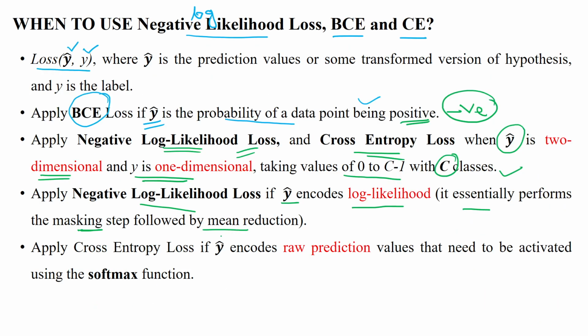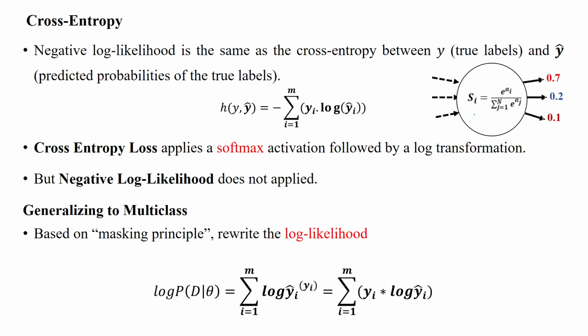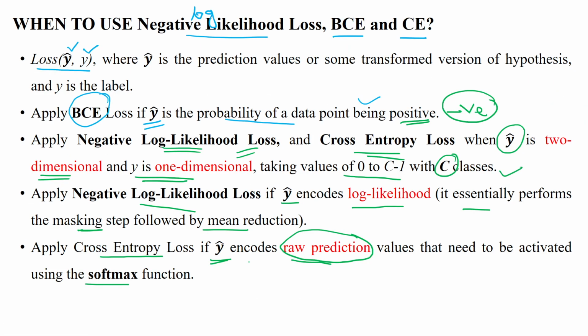The cross entropy can be applied for multi-class classification whenever y cap is encoding the raw prediction values that need to be activated using the softmax function. So whenever we use multi-class classification with the softmax activation function, then we have to go for the multi-class cross entropy, that is the categorical cross entropy loss function.